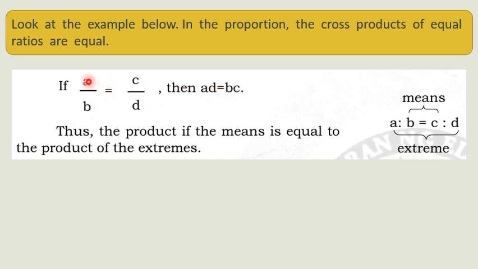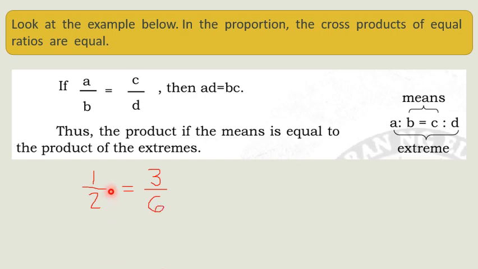Ibig sabihin, kapag yung number natin dito at saka dito, pinag-multiply natin, tapos yung sa B at saka sa C na number, pag pinag-multiply din natin, equal yung product nila. Ano ba example niyan? For example, we have 1 is to 2 as 3 is to 6.